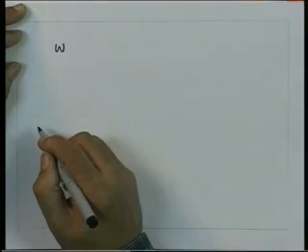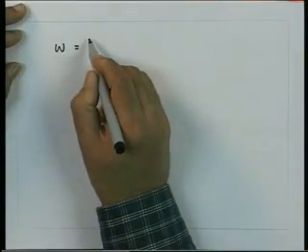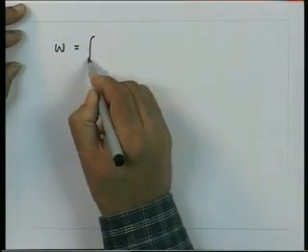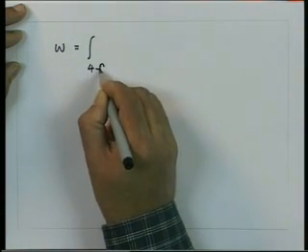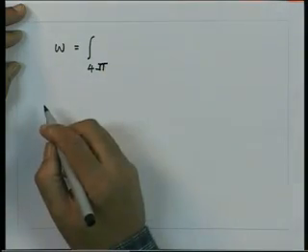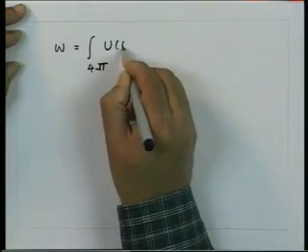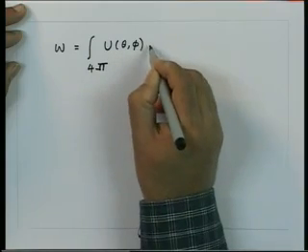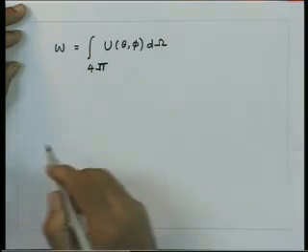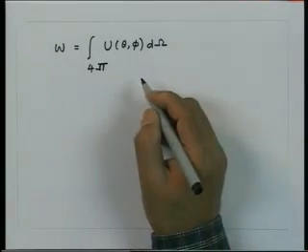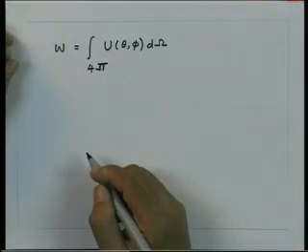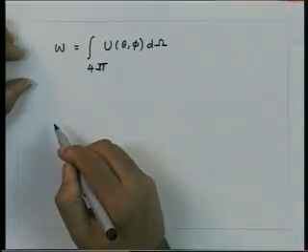So we now define the power which you get here, integrated over 4 pi solid angle, the radiation intensity u theta phi. If I integrate over solid angle, that essentially gives me the total power radiated by the antenna, because this is per unit solid angle power.